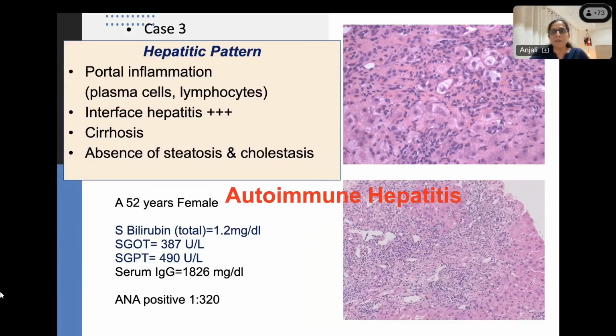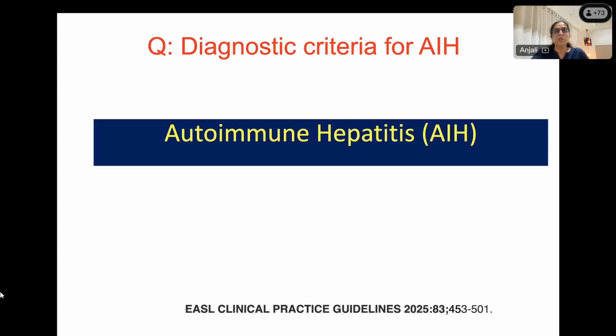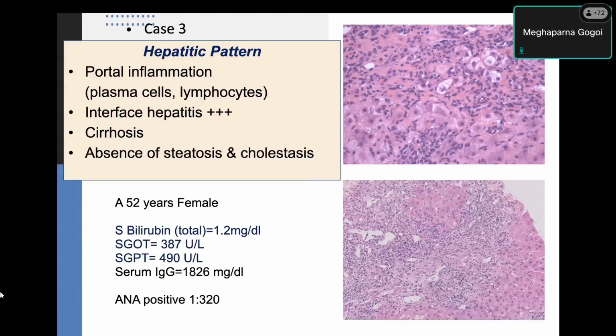But there are certain things to remember before diagnosing autoimmune hepatitis. Which are the diagnostic criteria for autoimmune hepatitis? Not just the biopsy diagnosis. Actually, ma'am, there are 4 categories. One is that it has to have anti-nuclear antibodies.